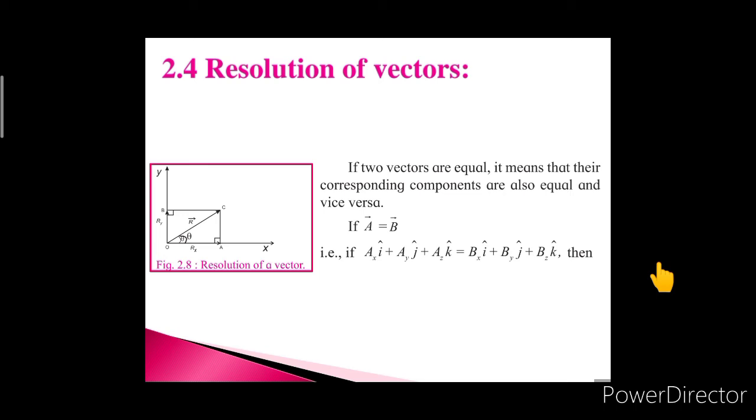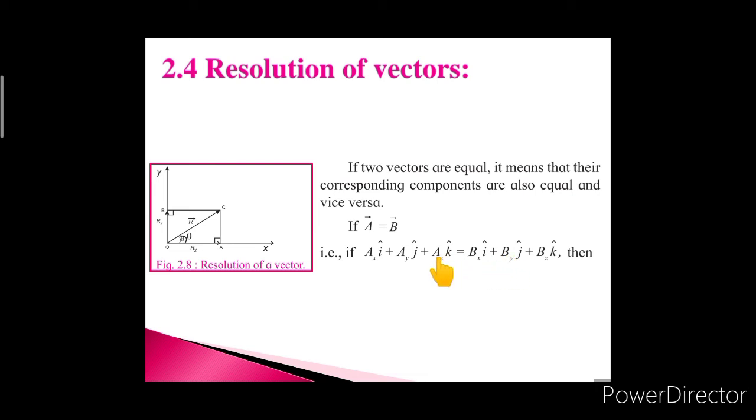Then, as we considered the two vectors equal, that means the corresponding components are also equal. Along the x axis, the components of vector A and vector B are equal, so we can write Ax is equal to Bx. Similarly, along the y axis, Ay is equal to By.